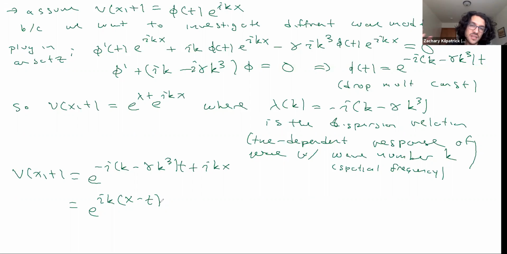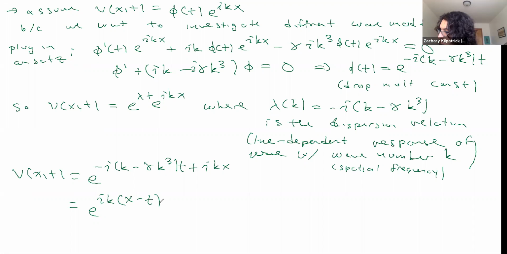So there's one piece of this solution that just behaves like the transport equation, right? If that was the only thing in there, everything would always get transported at the same speed. But this is a non-trivial equation, so we get an additional term that tells us how waves of different shapes have their speeds modified.